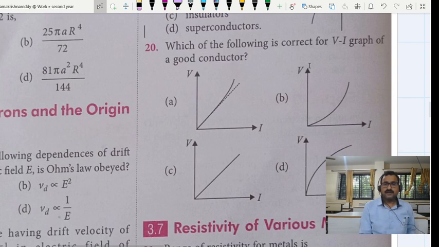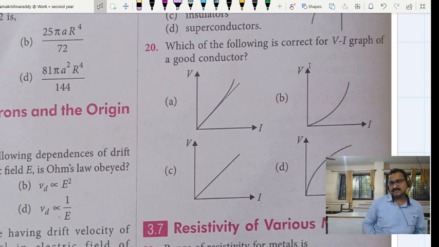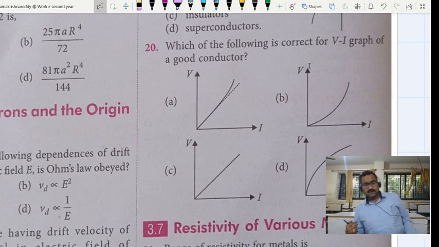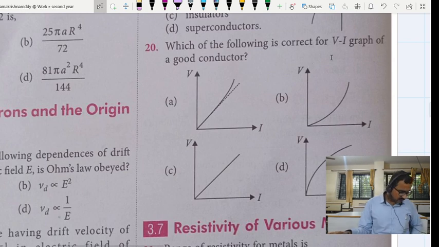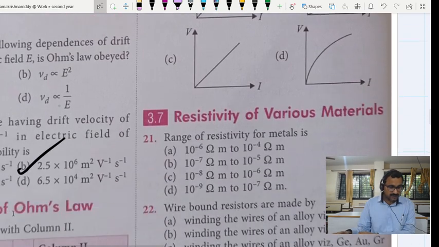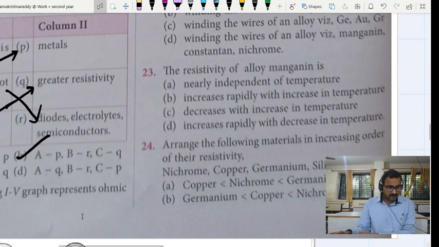Next, question number 20. They are asking which of the following graphs is correct for the VI graph.